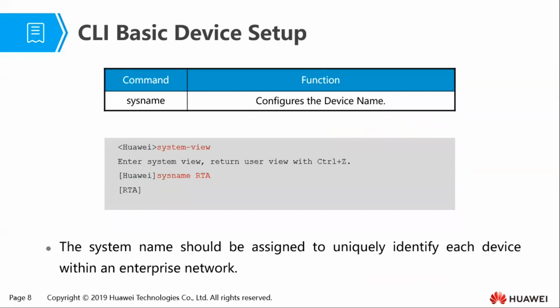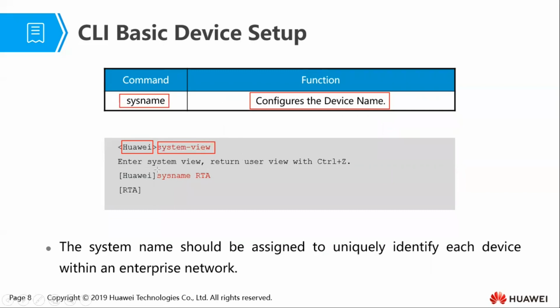As I mentioned earlier, the very first thing you should always do is to rename your device. The default name for Huawei network equipment is Huawei. So for you to be able to use the sysname command in order to configure the device name, you need to move from the user view to the system view. So you have to type the command system view.